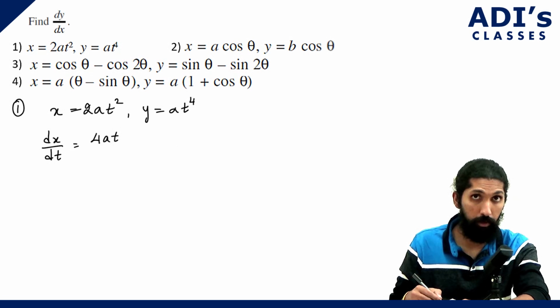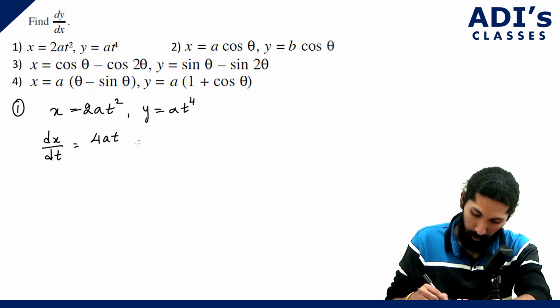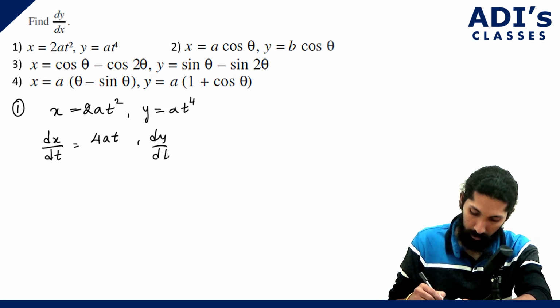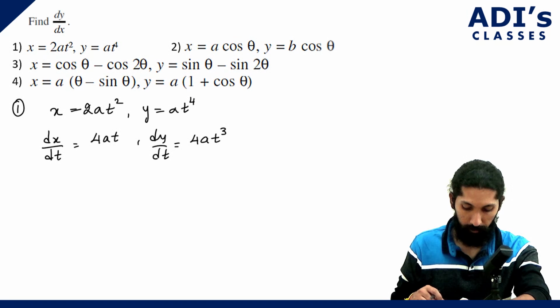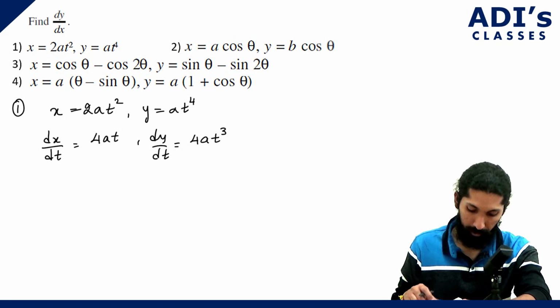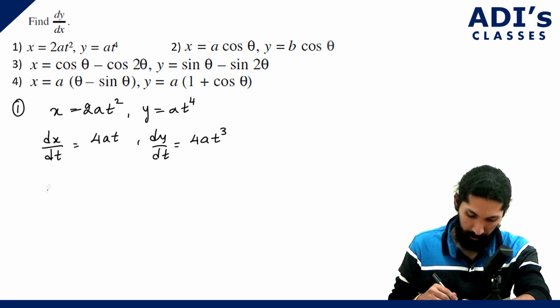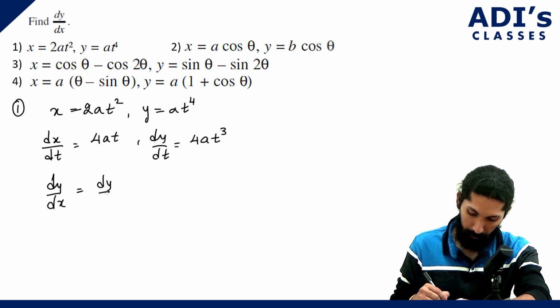By now you should be able to solve it. dy by dt is 4at cube, isn't it? So we have dx by dt and dy by dt. So we need dy by dx, which is dy by dt into dt by dx, right?